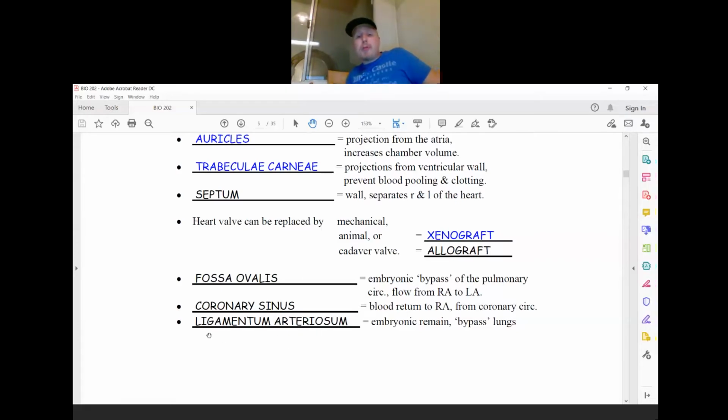Ligamentum arteriosum is another embryonic structure. If the blood has flown from the right atria to right ventricle and then to the pulmonary trunk, but we have not yet been born, we can still pump the blood back to the heart without going to the pulmonary loop by this structure called ligamentum arteriosum.